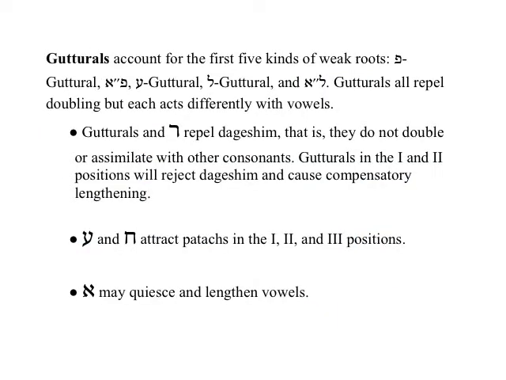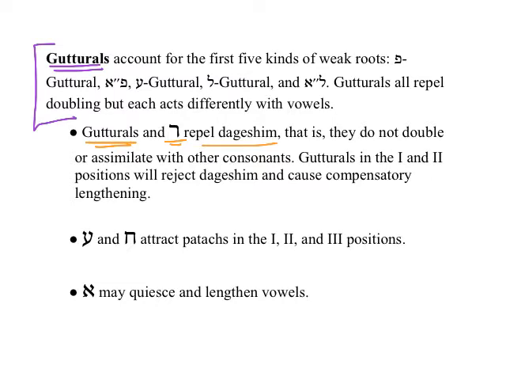The first 5 kinds of weak verbs, then, all have gutturals in them. And so for now, we can treat them as a class and then unpackage them further as we go along. So each of the 5 normal kinds of weak verbs that have gutturals, there are certain things that we can count on in them, because gutturals have certain characteristics that they share in common, especially the fact that gutturals and resh repel dagashim.